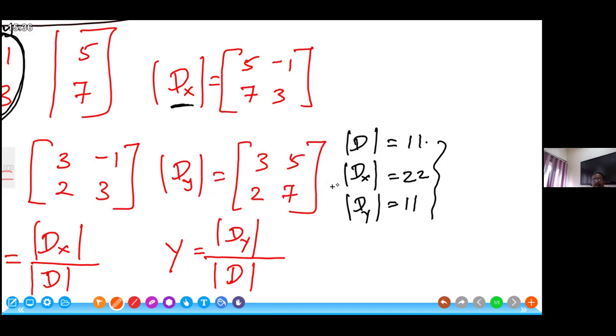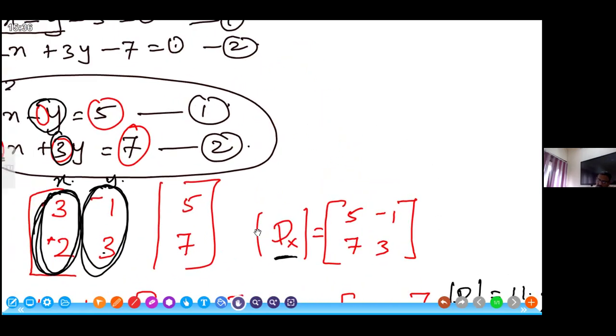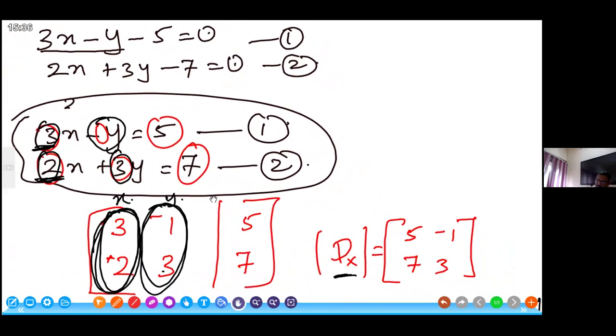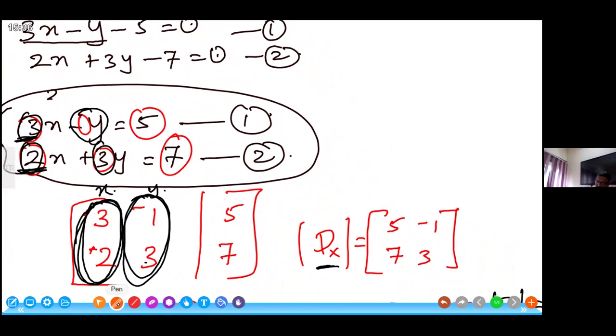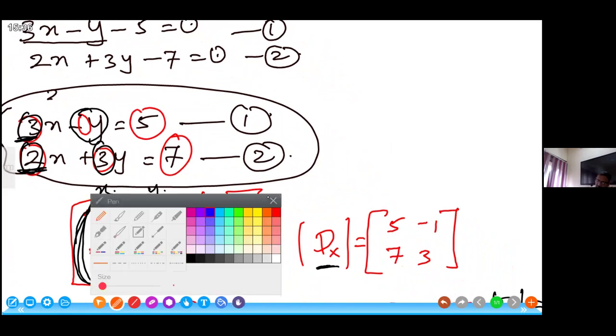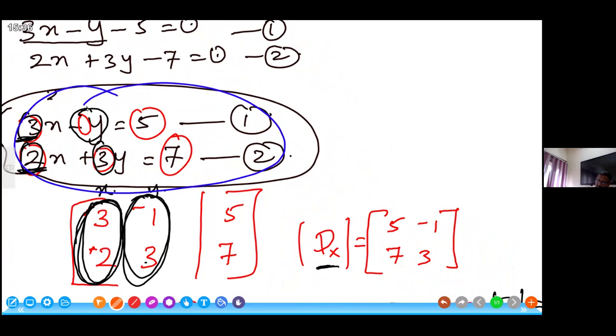Do you all agree or do you need any other explanation? Because I haven't come to the value of x and y. So look at this equation. From this equation, this is how we formulate it. From this, we should be able to write the coefficients 3, 2, -1, 3. This is for x, this is for y. Do you all agree?